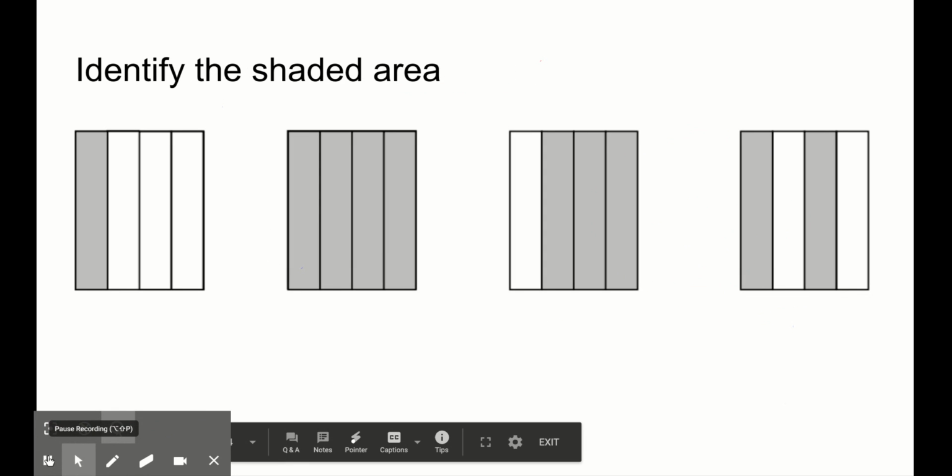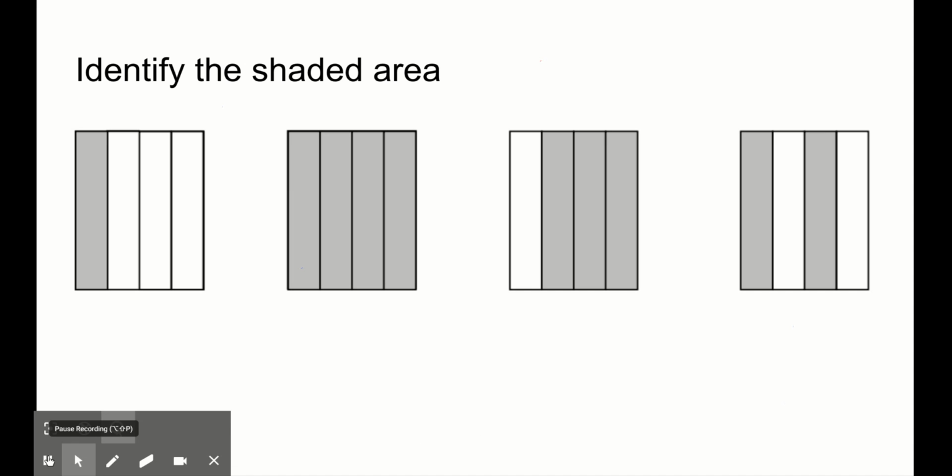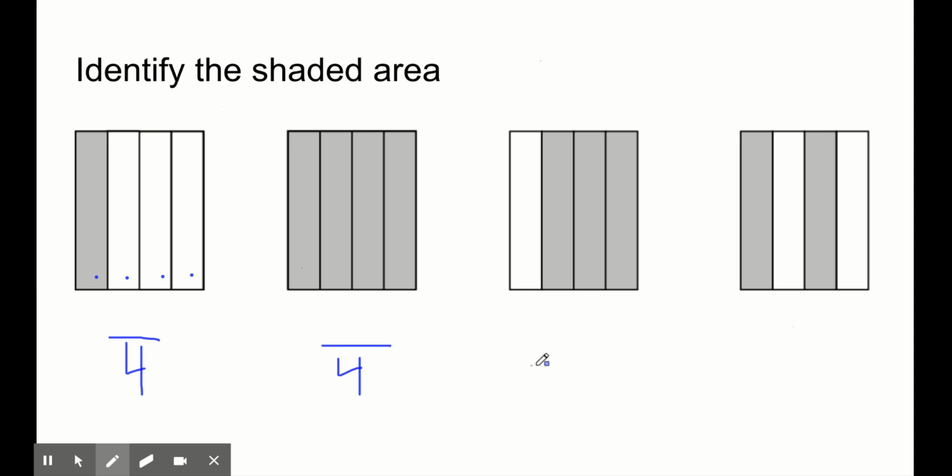Let's look at this. It asks us to identify the shaded area. Each of these is divided into the same amount of parts. They're each divided into 4 parts. We need to identify the parts that are shaded and then make our fractions from that.